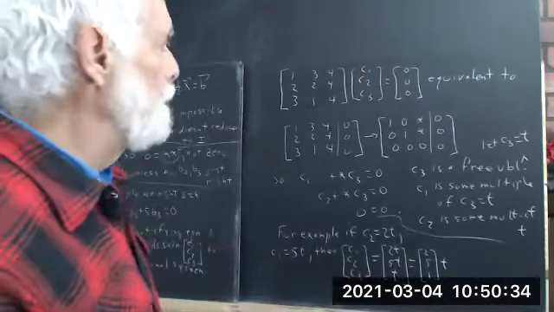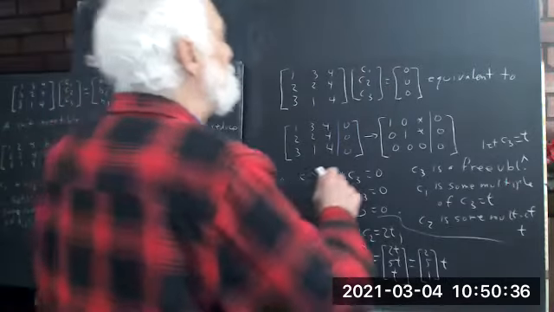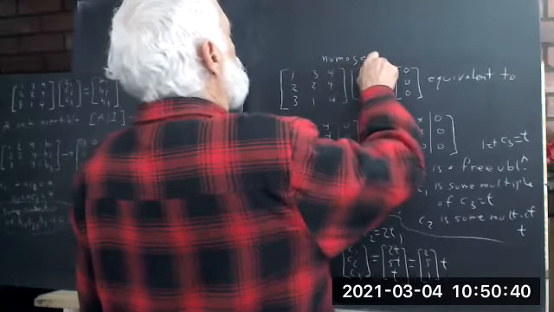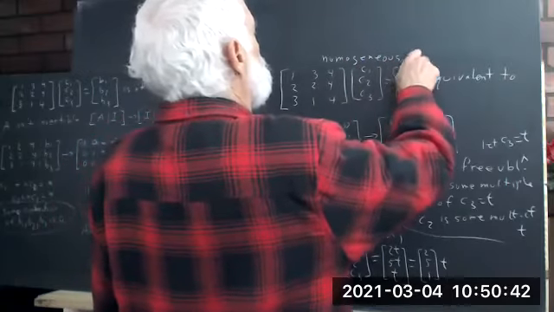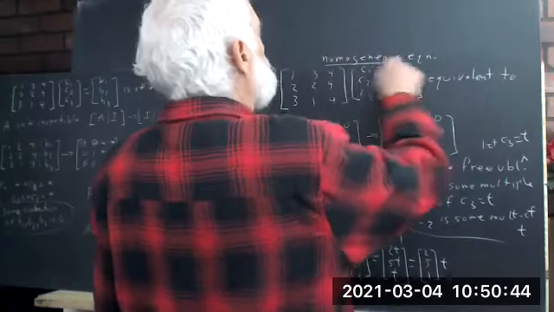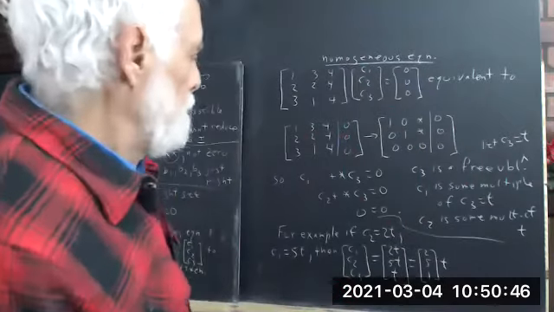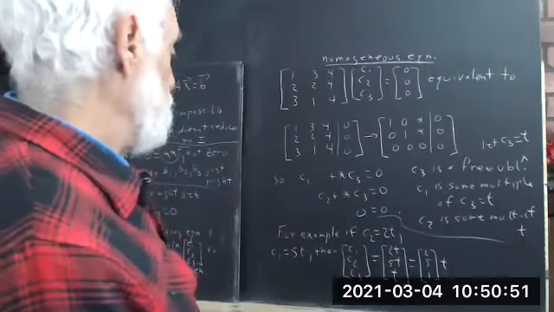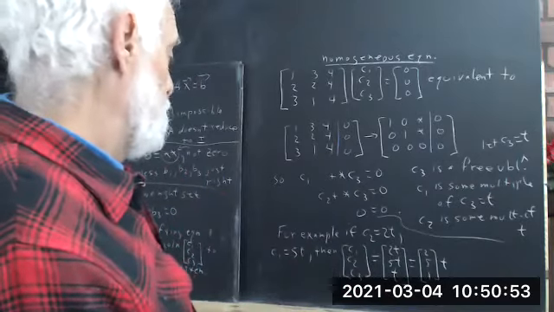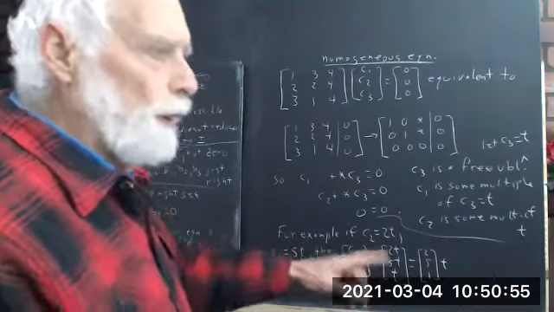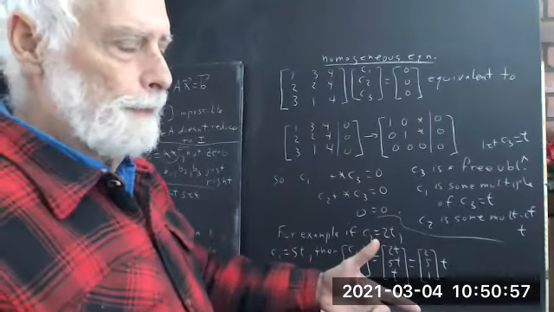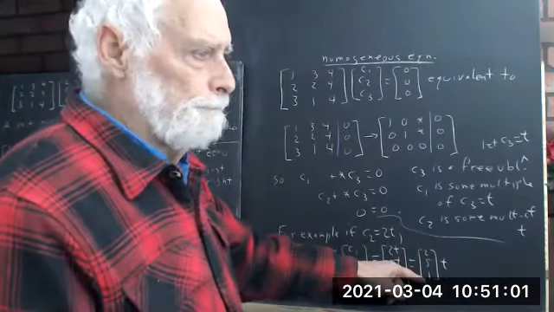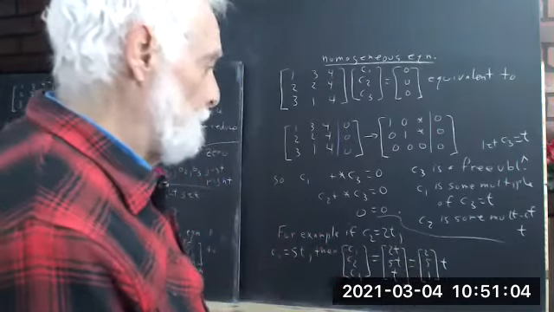Now this is your homogeneous equation, and this would be an example of a solution to the homogeneous equation. And this is a one-dimensional subspace spanned by just this vector.